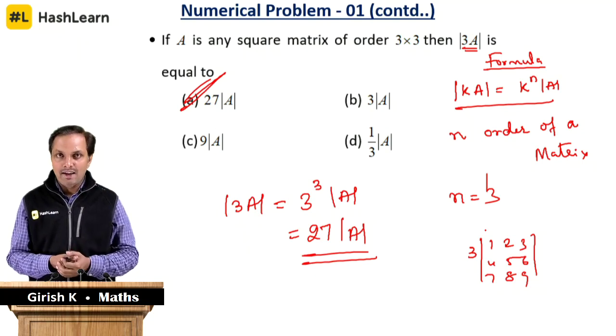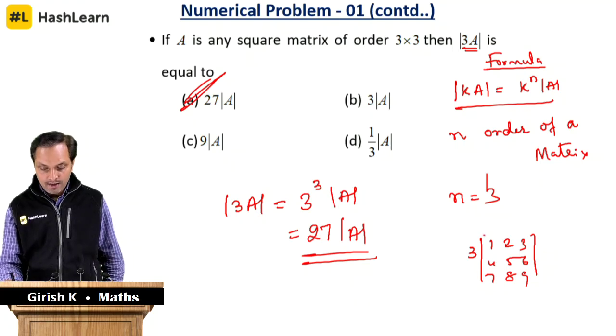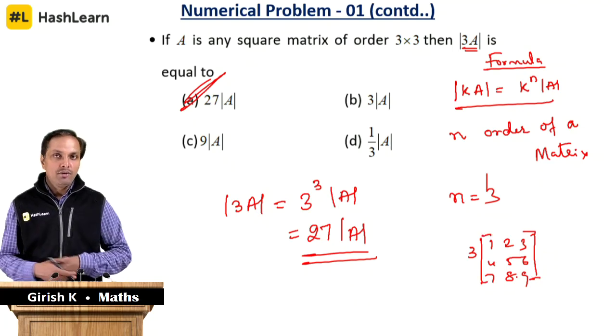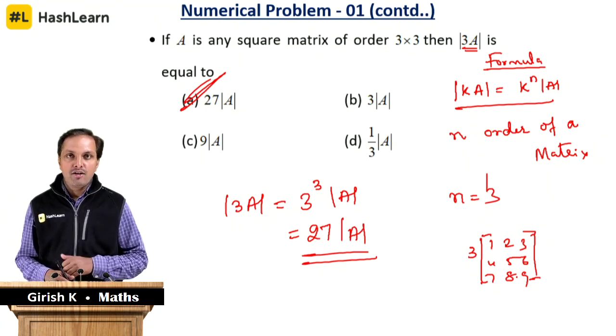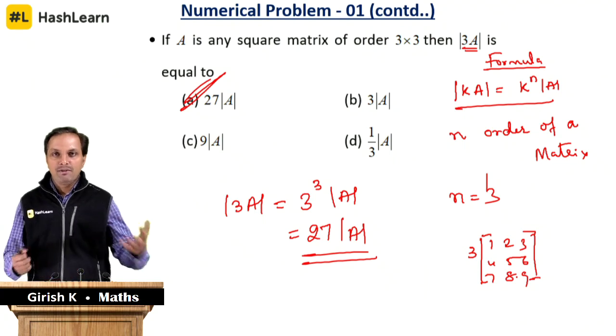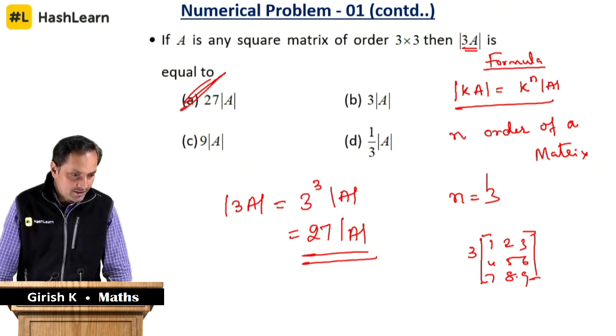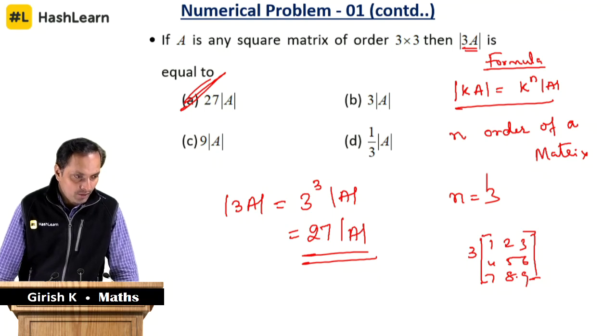Therefore, you will have three 3's. That is where 3 cubed is going to come. In that way also you can think. So when you multiply 3 with a matrix, 3 will be multiplied to each element, and you can take common from each row. That gives you 3 rows, 3 power 3, 27. Is it clear, students? Okay.